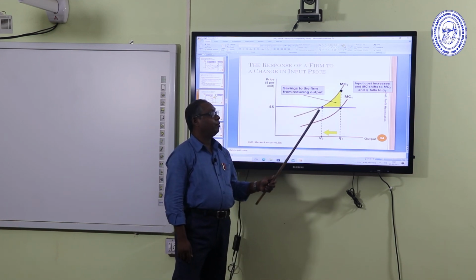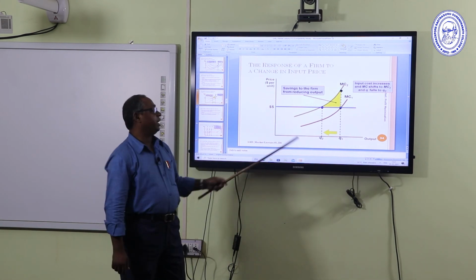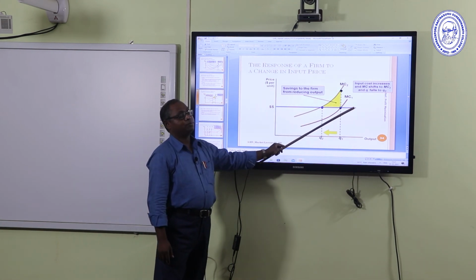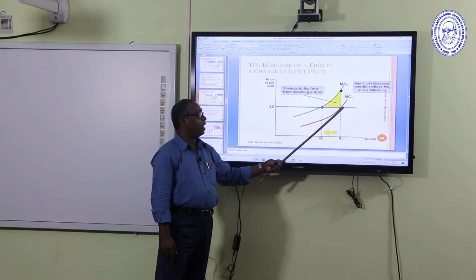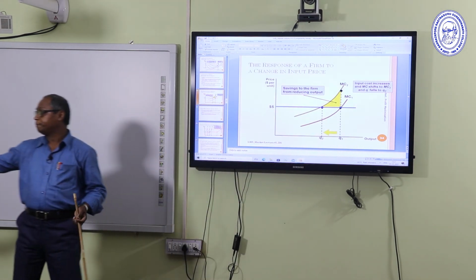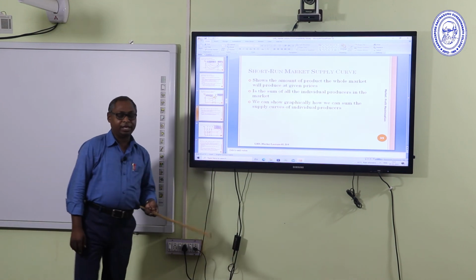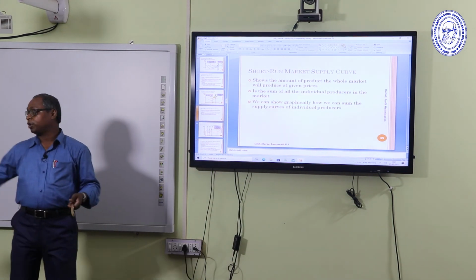Similarly, if production cost reduces, then the MC curve shifts right and output increases. Definitely, there are some cases by which we can say that there is a change in cost of production.